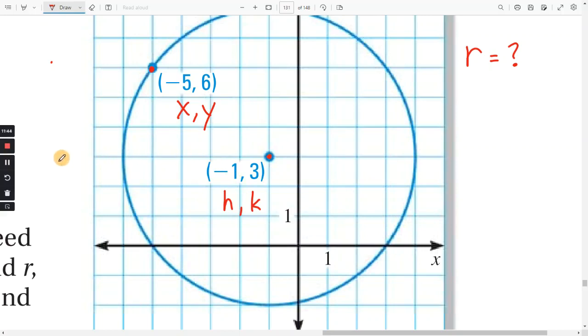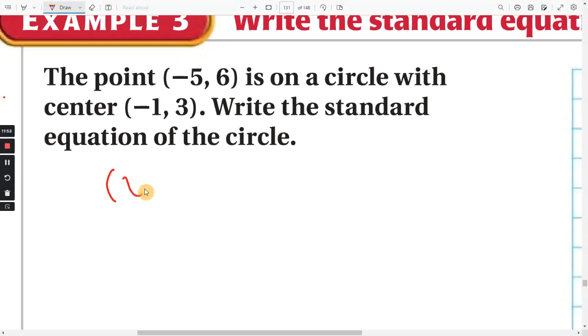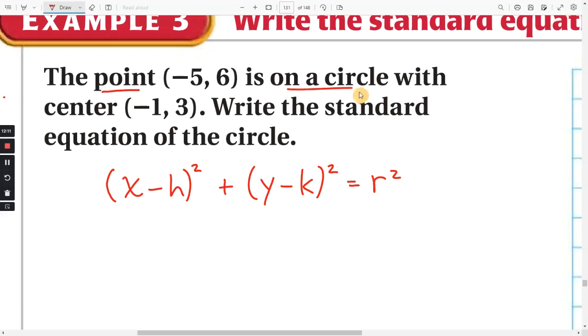So I'll just use what we were given and not the graph. Alright, so we're still using the standard equation of the circle. That's just going to be (x minus h) squared plus (y minus k) squared equals r squared. We said the point on the circle is just x comma y, and the center is h comma k.